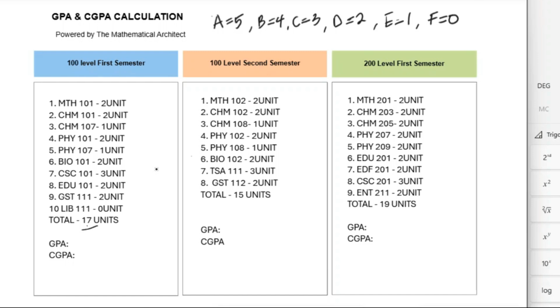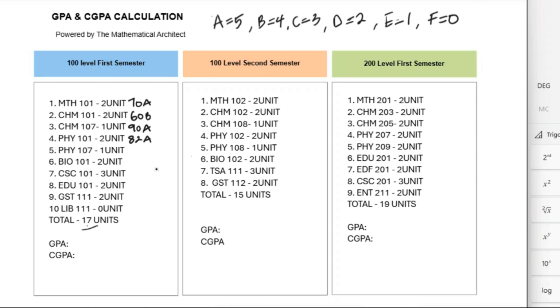Now here, let's assume grades to these particular courses. Let's say you had 70A in MTH 101. In chemistry 101, let's assume that you had 60B. In chemistry 107, let's assume that you have 90A. In physics 101, let's assume that you had 82A.